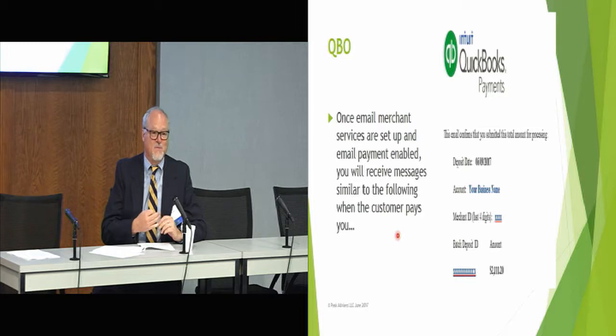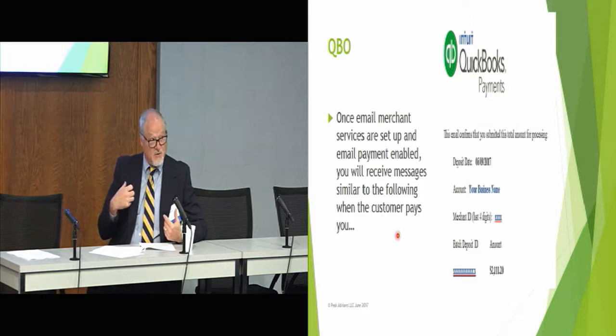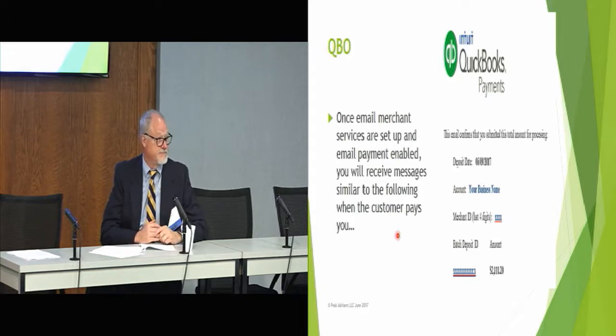But the attorney is actually one of the markets and professions where having a much easier process will be a great benefit to the cash flow of the firm. So again, the ability to do this is not limited to QuickBooks Online. It is available for the desktop, the traditional Pro, Premier, and Enterprise products as well.